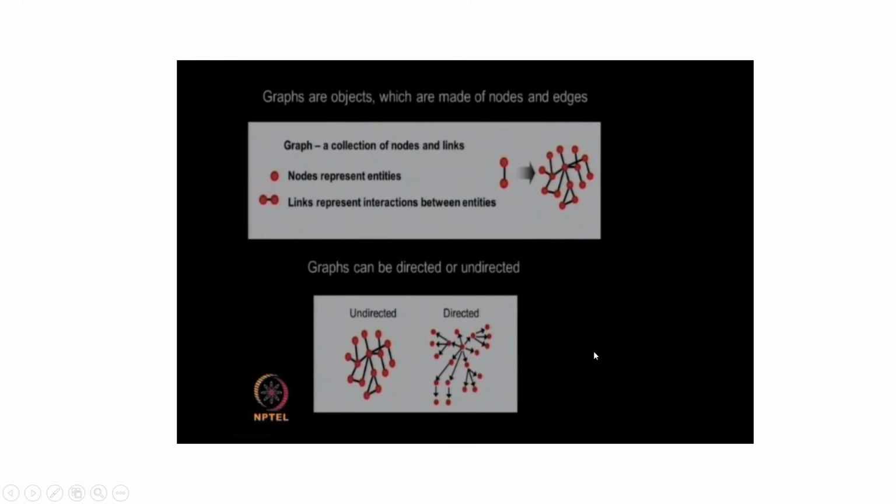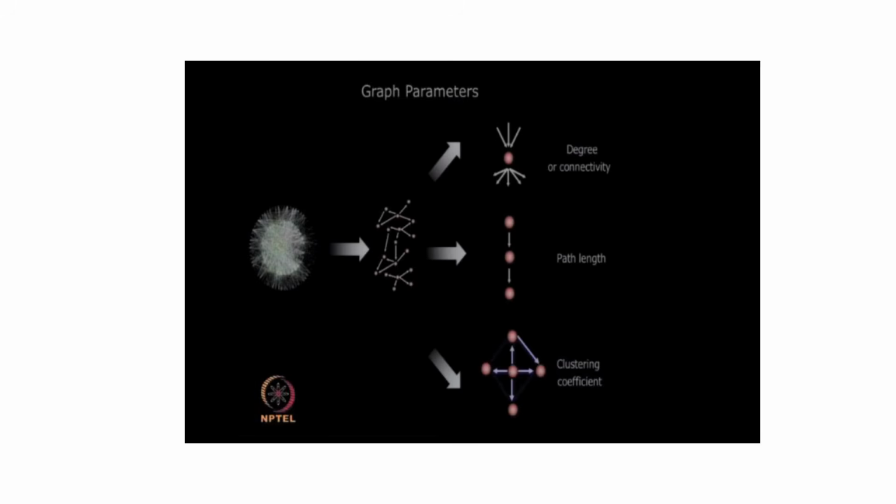So it has some direction to it, that's directed. For example, we were talking about the Krebs cycle itself. One product will be formed if that specific enzyme is involved. It is given a certain direction, right? So that's directed. There are different parameters as well, like degree, path length, and clustering, in this representation of interaction.